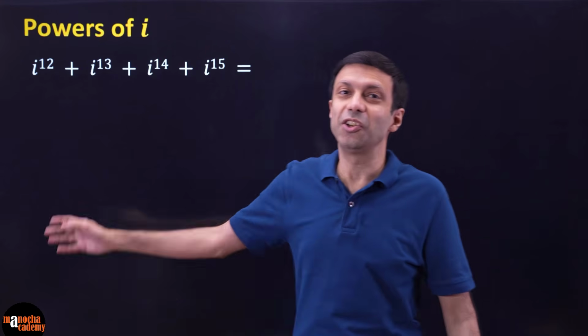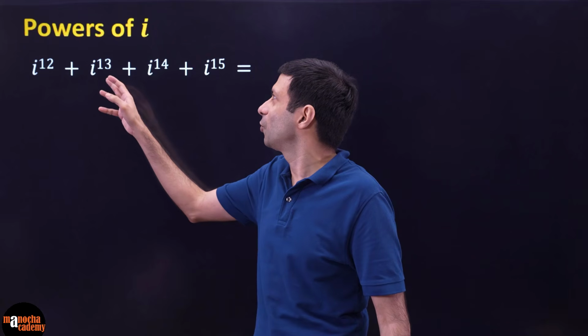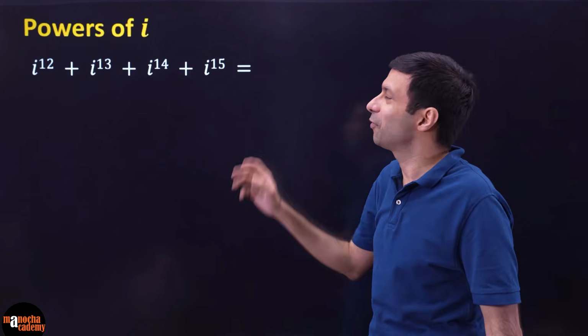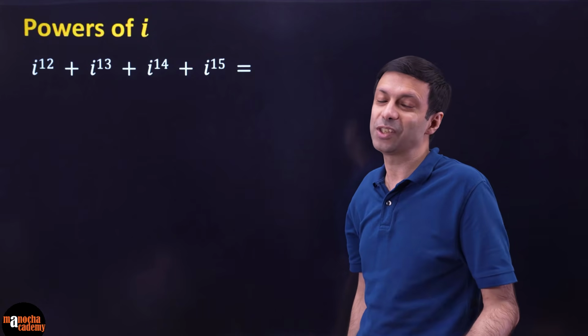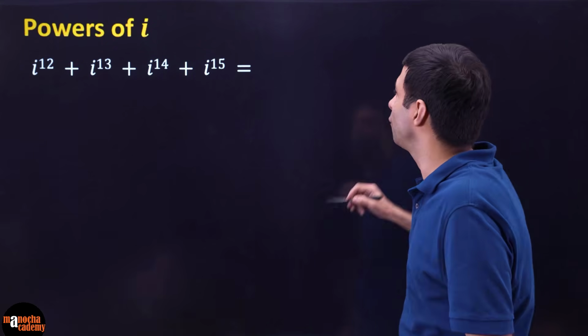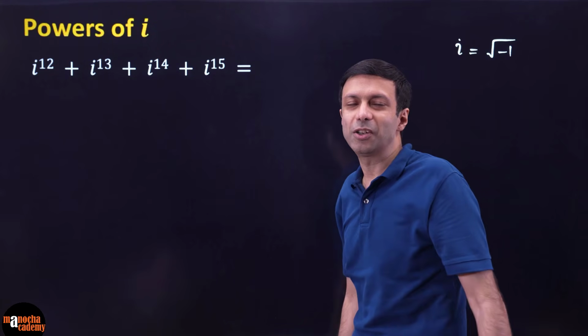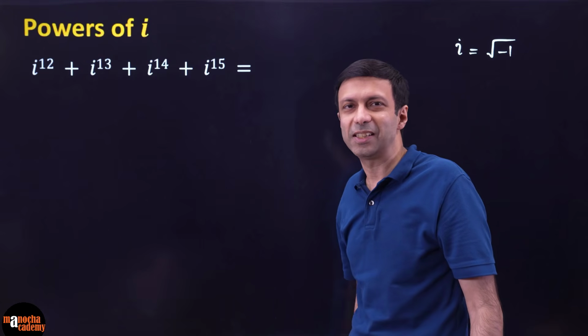Now why don't you try this interesting question related to powers of I. If I give you I to the power 12 plus I to the power 13 plus I to the power 14 plus I to the power 15, what is it going to be? Again, remember, I is your iota, which is square root of minus 1, right? This is our I. You can see we have bigger powers over here. So will we go down to the basics again?